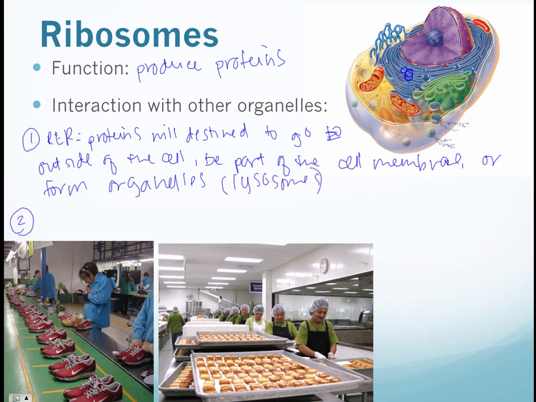Now, the other location where we have ribosomes is within the cytosol. Any of these proteins that are synthesized within the ribosomes in the cytosol or cytoplasm are going to stay within the cell.